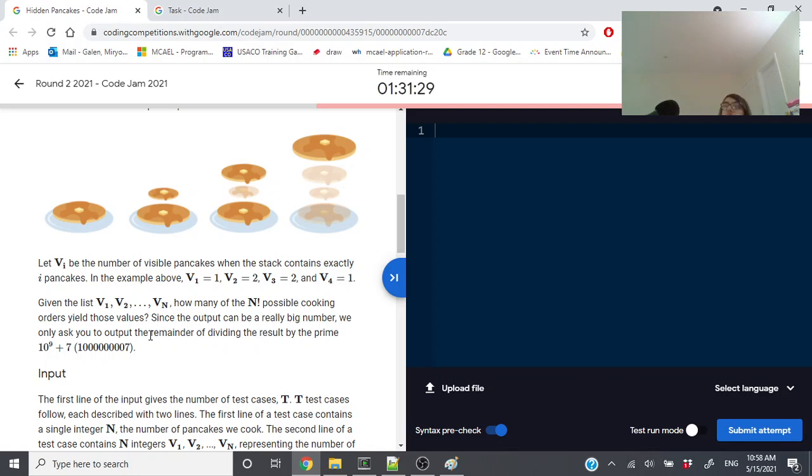When we put a new pancake on, we know exactly how many pancakes it has to be larger than. So really we know its position in the new permutation, which is interesting.